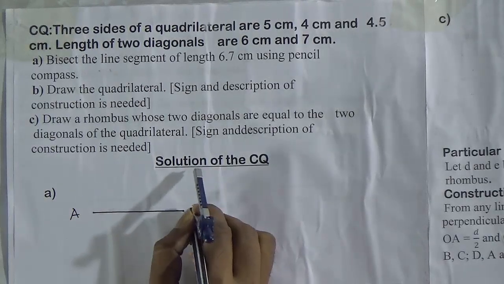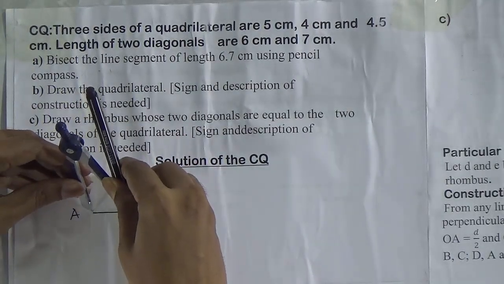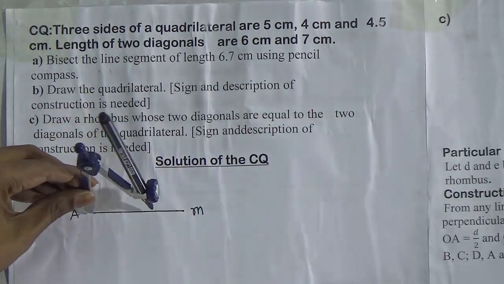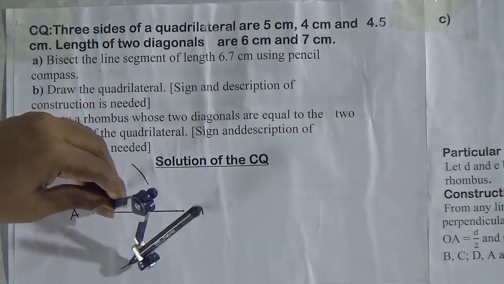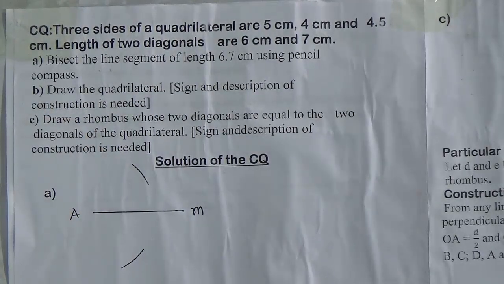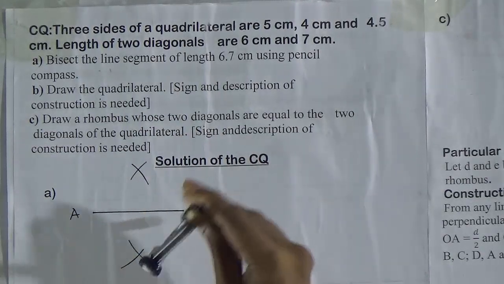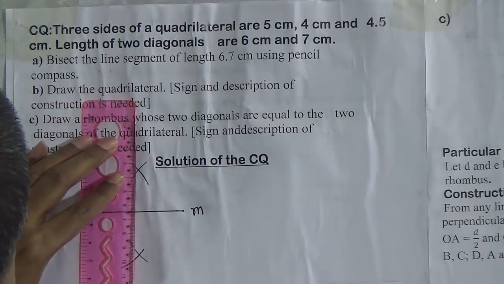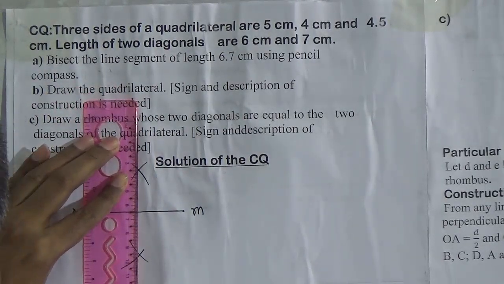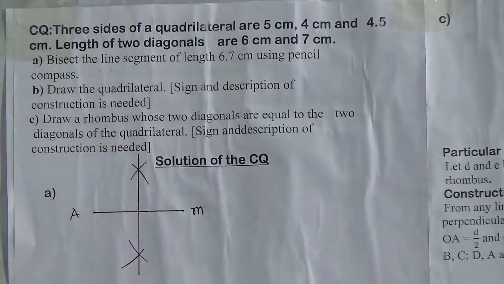This is A and this is B. Now we have to bisect this. You take more than half of AB. Now draw the two arcs. Similarly, you draw two arcs. Okay, now join. Okay, this is the bisector.